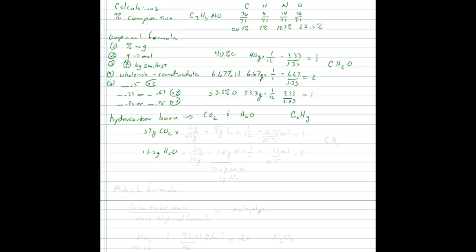So what you have to do is find out what fraction of this carbon dioxide is carbon. Well, carbon is 12 grams from the periodic table, and CO2 is 44 grams. That means 12 out of every 44 grams of this compound is carbon.